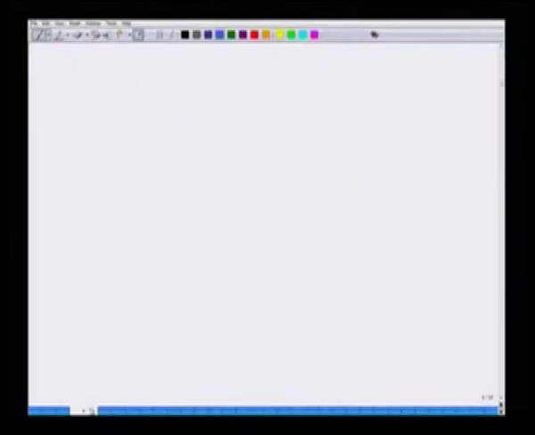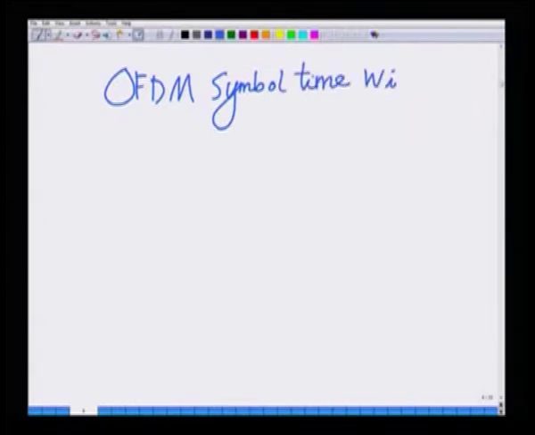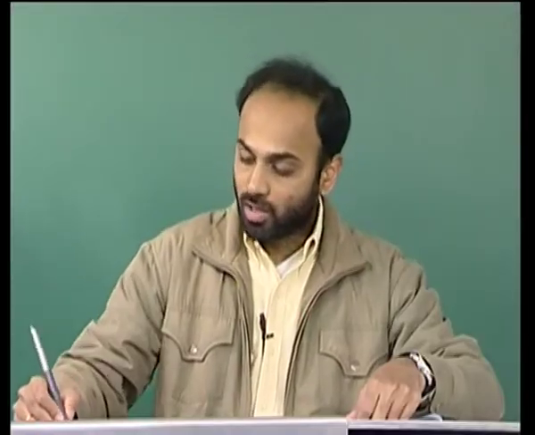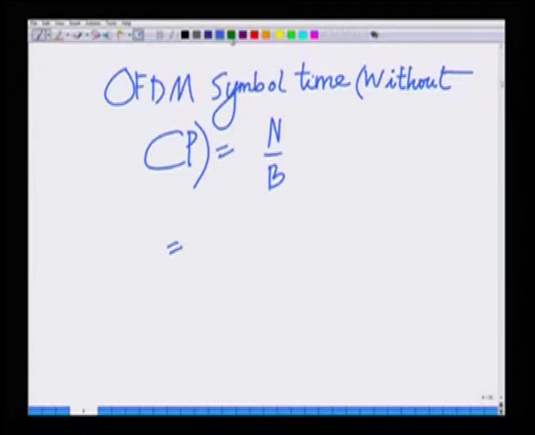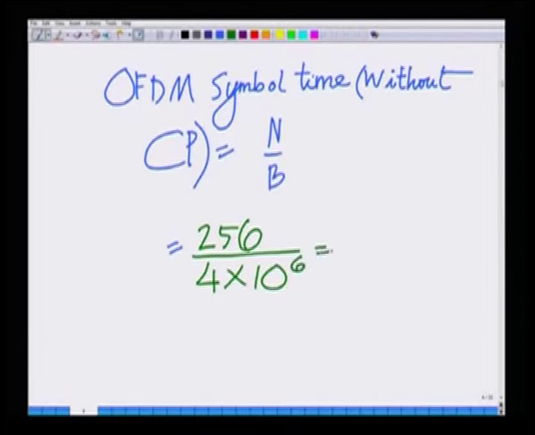So the OFDM symbol time without cyclic prefix is nothing but N over B, which is essentially equal to 256 divided by 4 megahertz, which is 4 into 10 to the power of 6 hertz, which is nothing but 64 microseconds. So this is nothing but 64 microseconds.